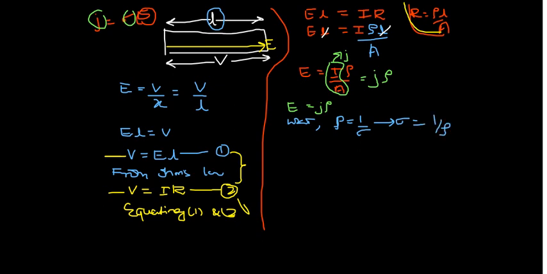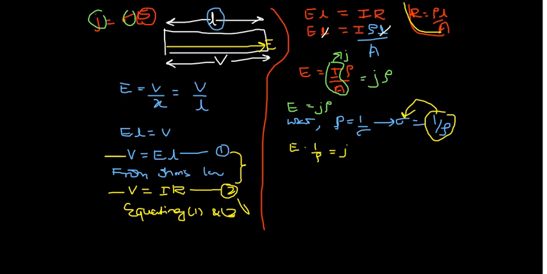Therefore, I'll bring this to the LHS, so it becomes E into 1 by rho is equal to J. Now 1 by rho can be written as sigma.